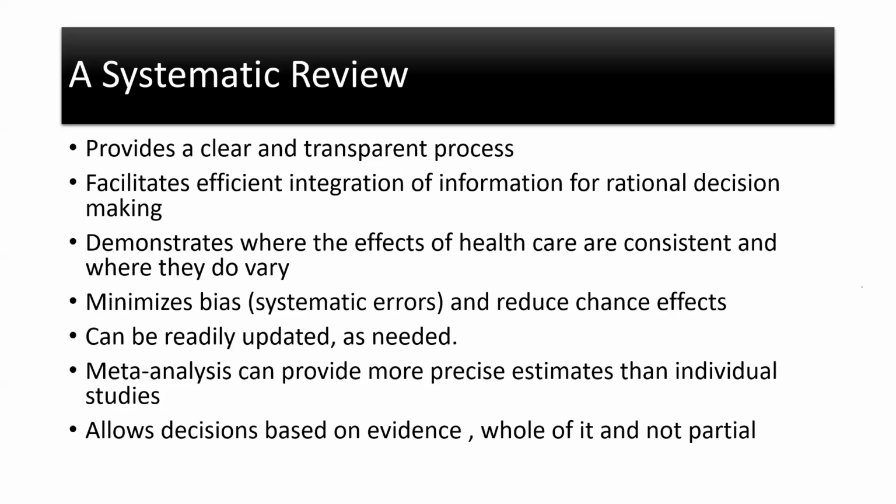Of course, systematic reviews look at the quality of the studies, but meta-analysis looks at whether it worked or not. It can give you precise estimates from the individual studies. So it allows decision-based evidence. It's not that some part is there and some part is not there. So it supports decisions based on evidence.